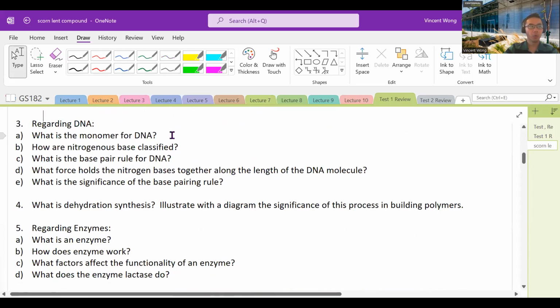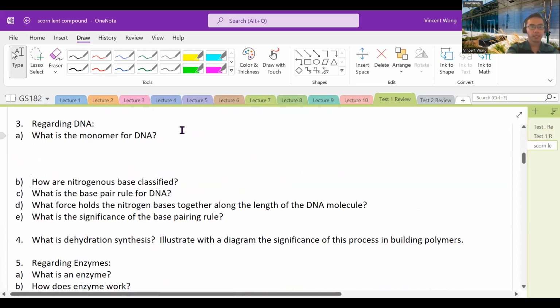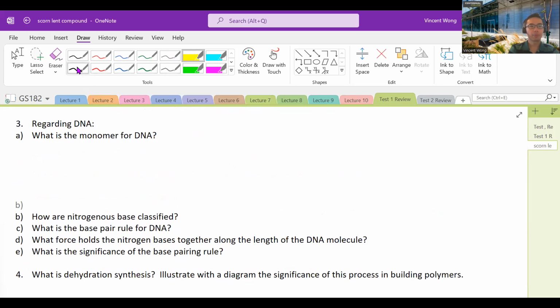Regarding DNA, what is the monomer for DNA? Anybody want to remind me? What is the monomer for DNA? Anybody remember the monomer for DNA?